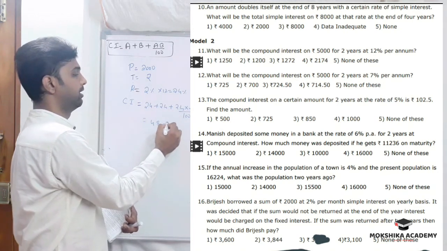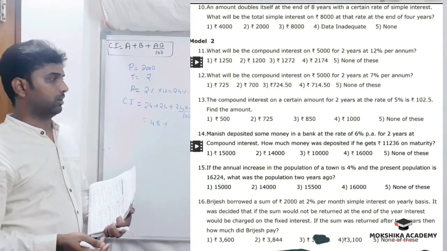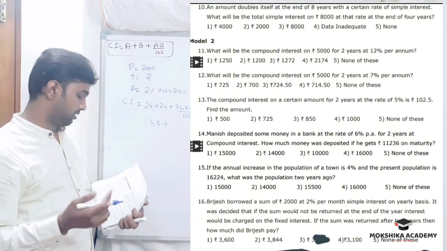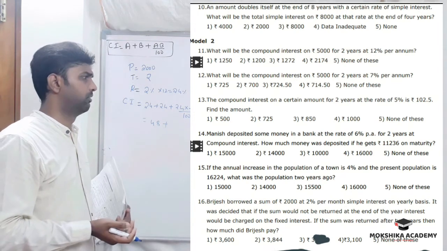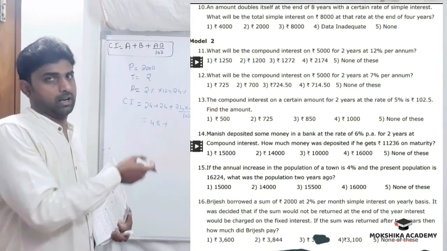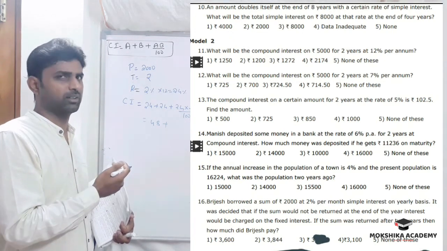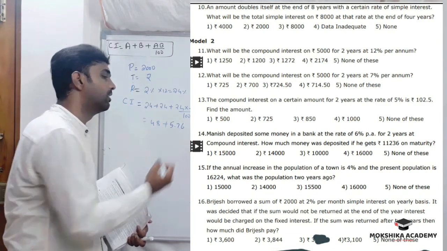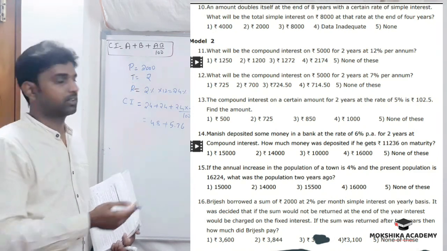So 48 plus 24 square. What is 24 square? You can do it. 25 square is 625, so 24 square will come to 576. 576 divided by 100 is nothing but 5.76.